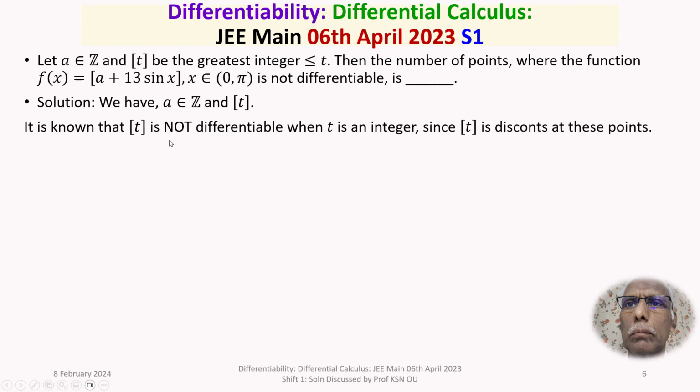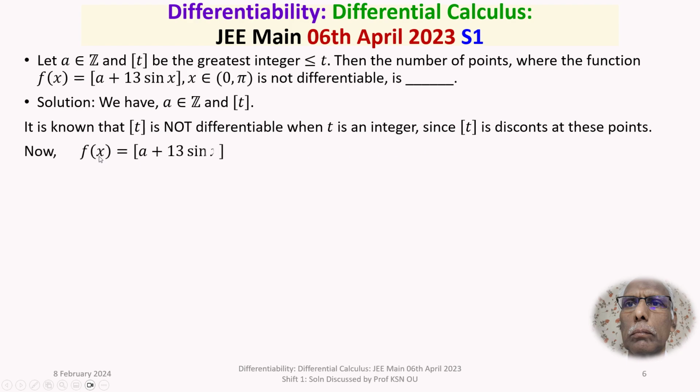What happens when t is an integer? [t] will be discontinuous there. When it is discontinuous, it is not differentiable. So, we know this: [t] is not differentiable when t is an integer because [t] is discontinuous at these points, and [t] is a step function.